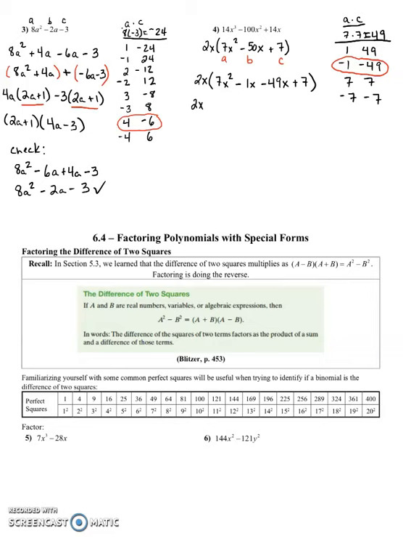So we have 2x. When we break these up, we're going to have 7x squared minus 1x. And you don't have to write that 1 if you don't want to. And then plus a negative 49x plus 7.